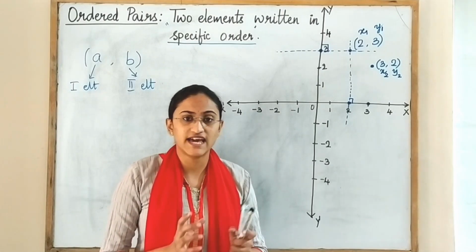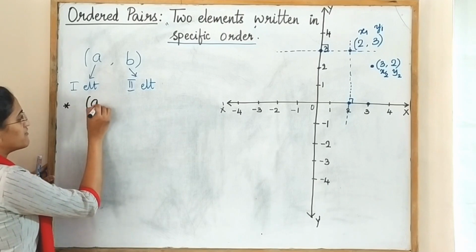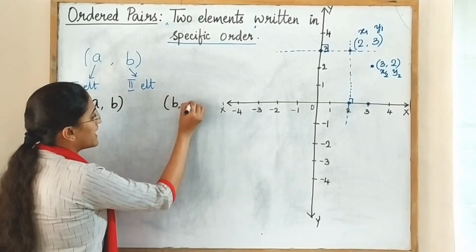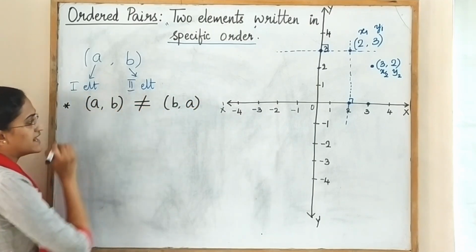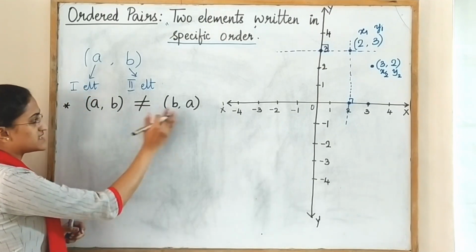That is, if you have (A, B) as one ordered pair and (B, A) as another ordered pair, these two ordered pairs are never equal to each other unless A is equal to B.